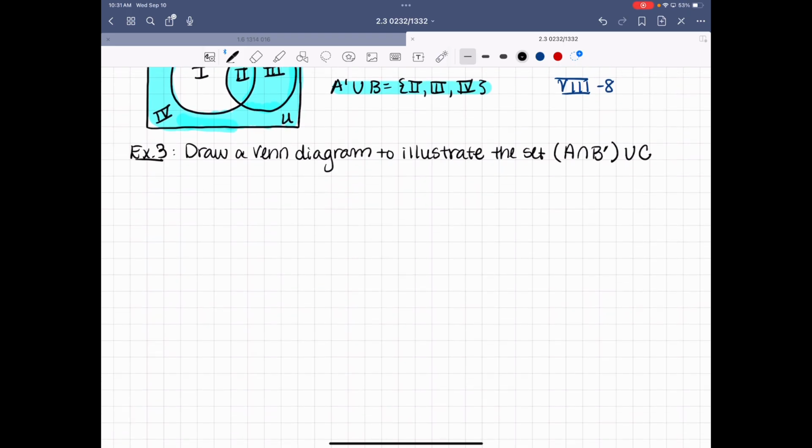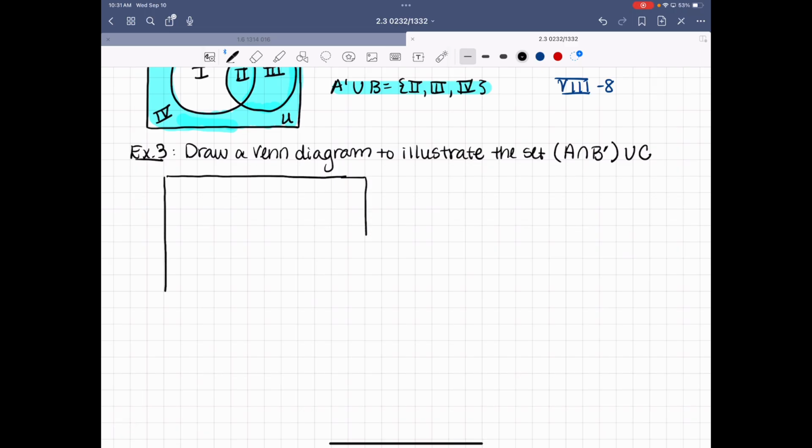We threw a C in there. Well, we know what to do when it says draw a Venn diagram to illustrate something with A and B, right? So we know we start off with our rectangle.